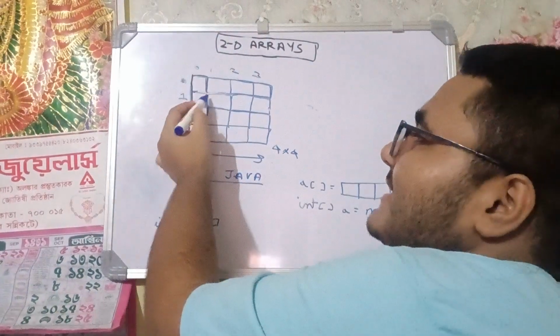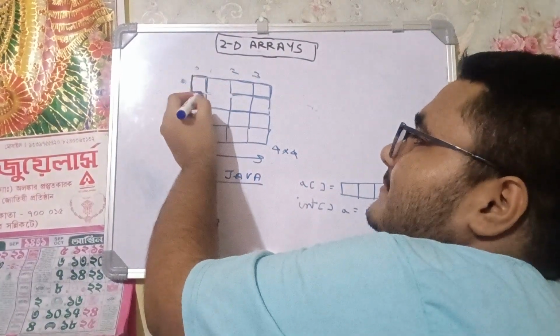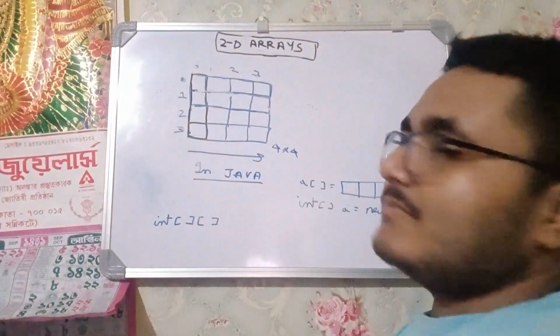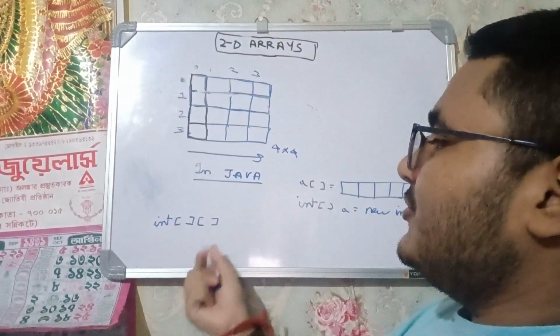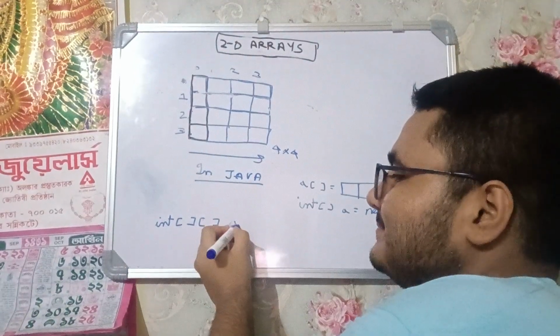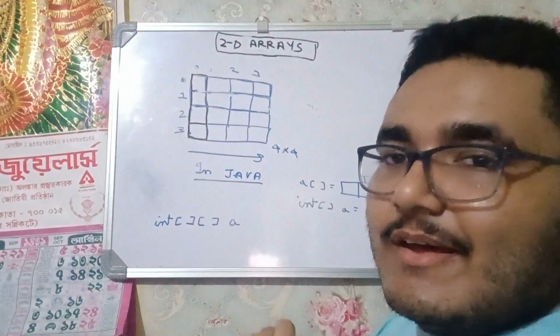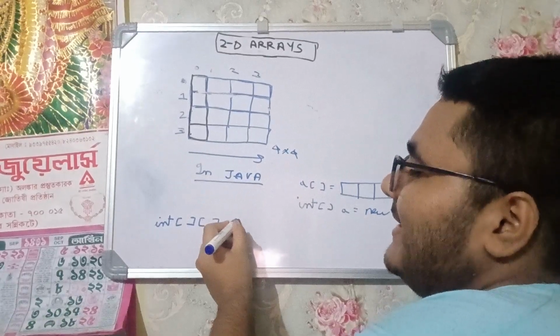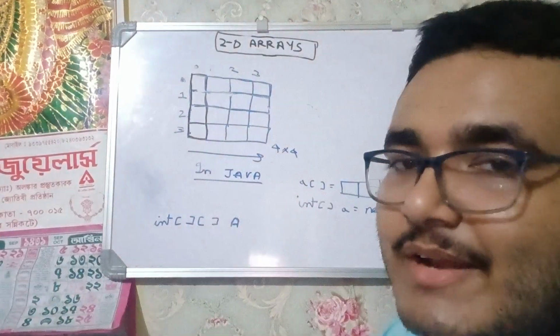These individual arrays. Wait. Right. So another array bracket, and then give the variable name, say A be the array name, or capital A, because I have already taken the array for another one, right?